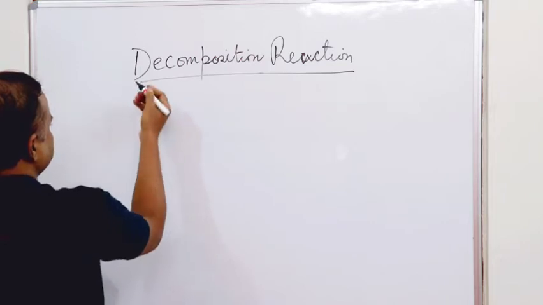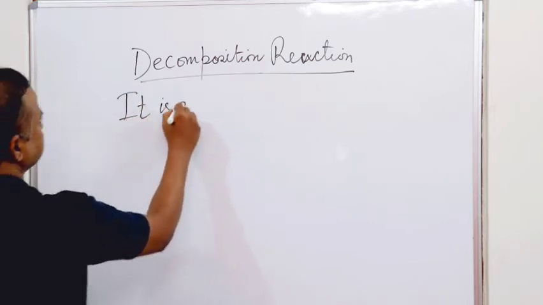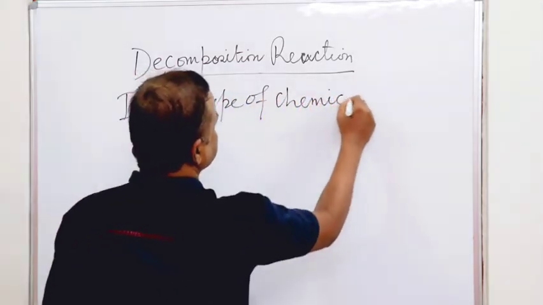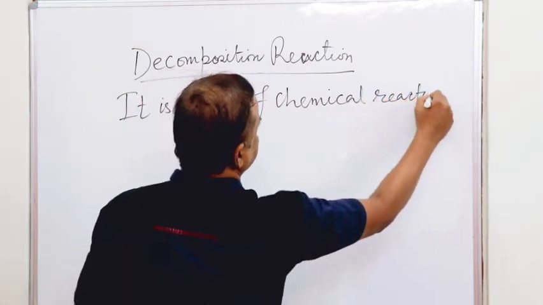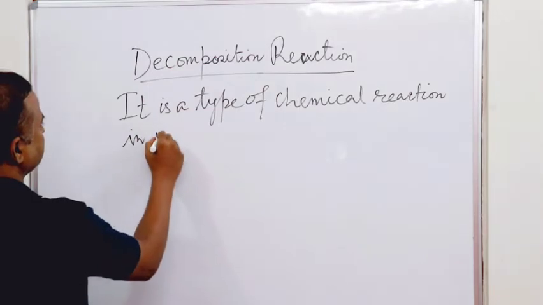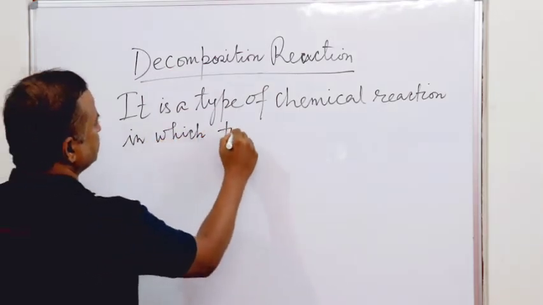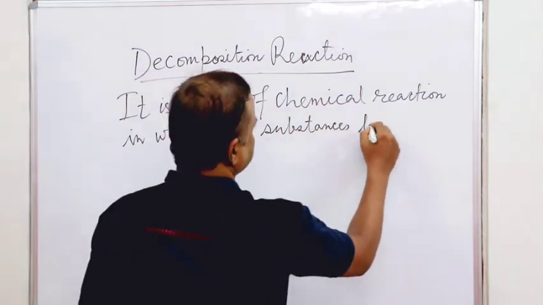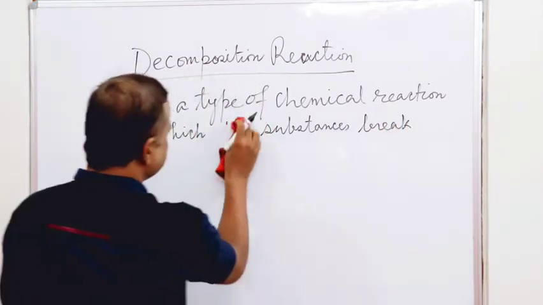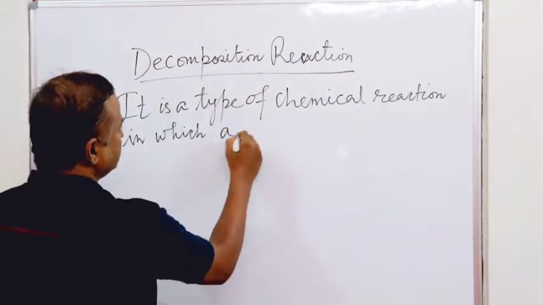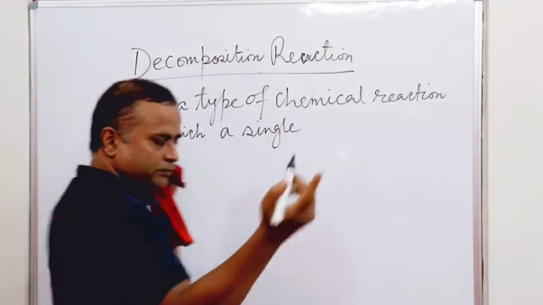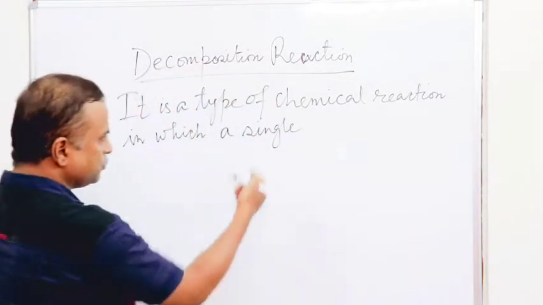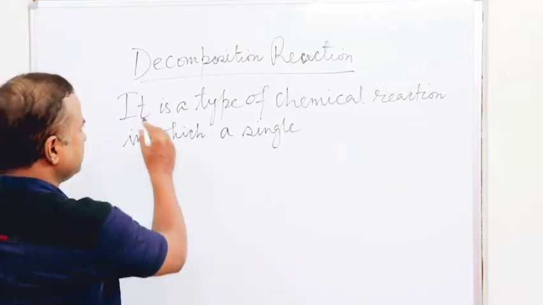We say that it is a type of chemical reaction in which a single substance, not two substances, in which a single substance, we could have written it as two or more substances are produced from a single substance, but it is easier to remember this definition, so I'm changing it.